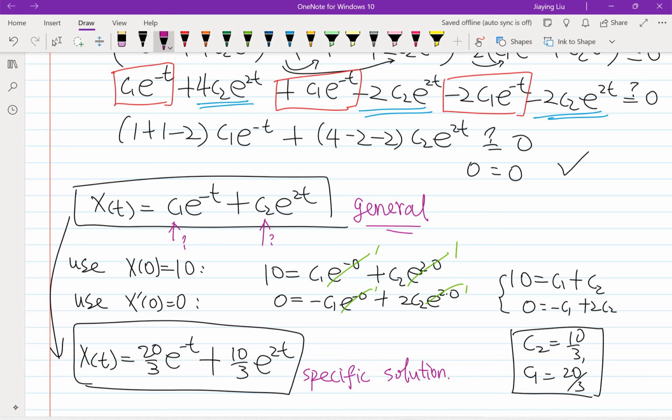Any questions on those? There are two steps. One is to show the solution is the actual solution satisfying the equation. The second part is to use the initial condition to figure out what the constants are.